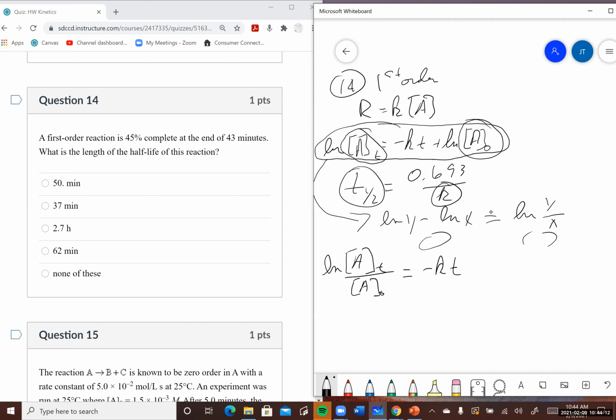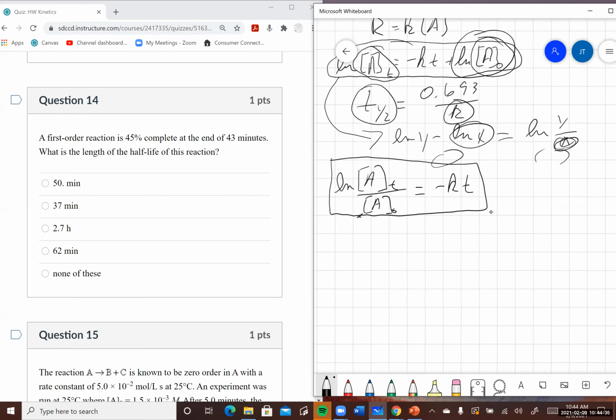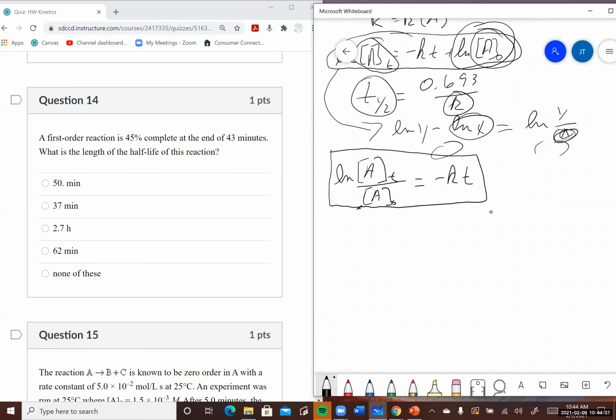So what I did was I just subtracted this from both sides, and then I incorporated it in the bottom, just like I did over here. So anyway, this is another way to look at that integrated rate law for first order. Any questions on that? All right, so far so good.